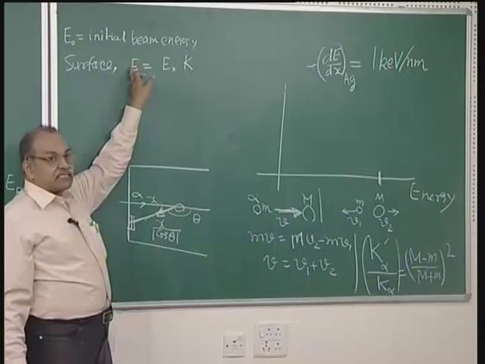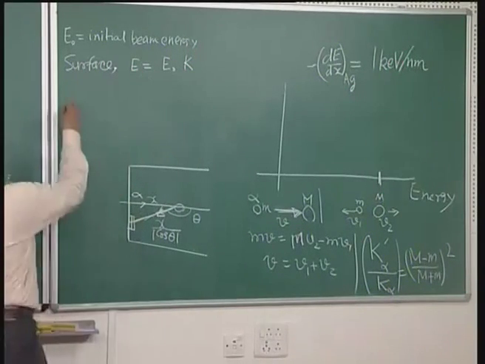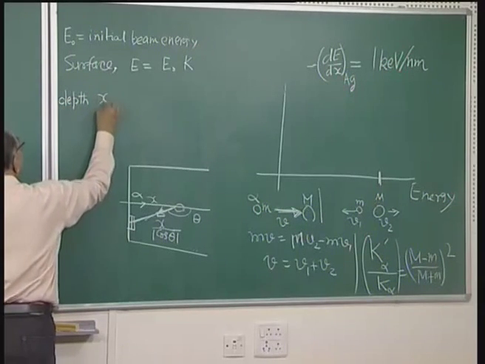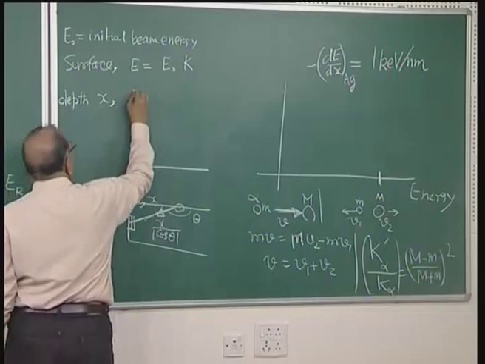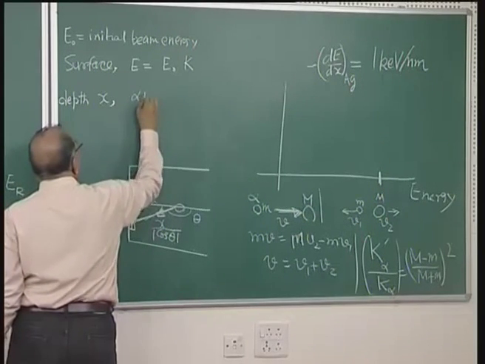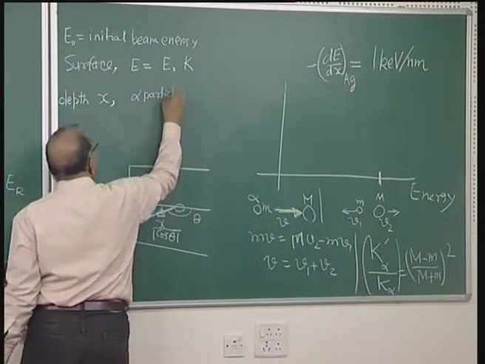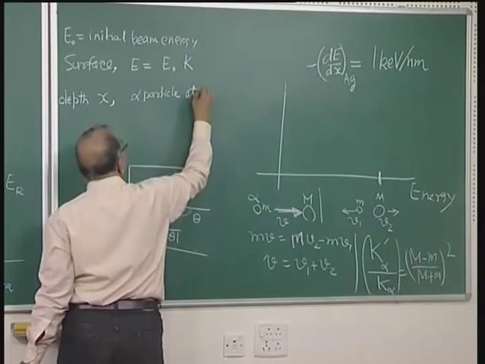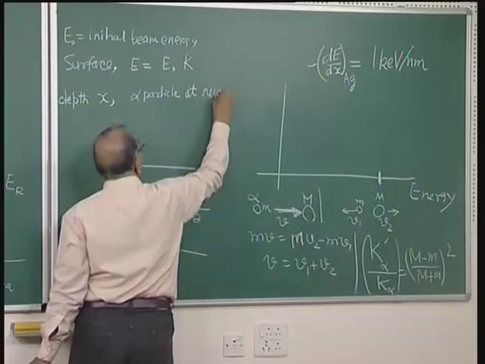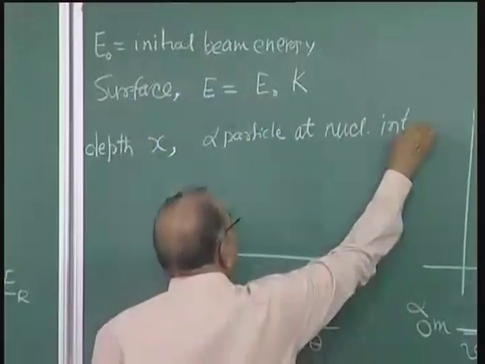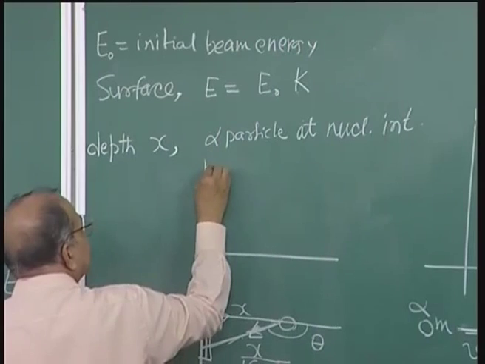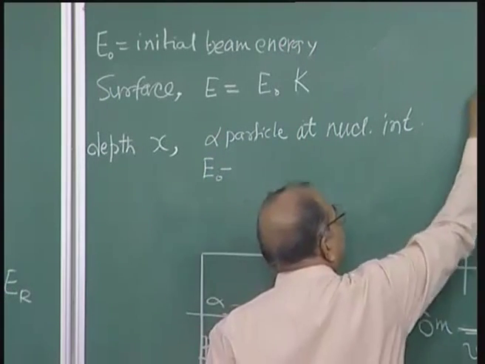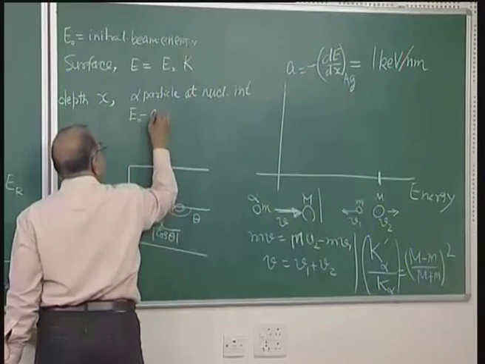So, the energy received is just this if it is from the surface, and if it is from depth x, first, at the time of this nuclear interaction, the alpha particle has E naught minus this quantity, let us call it A, into x.